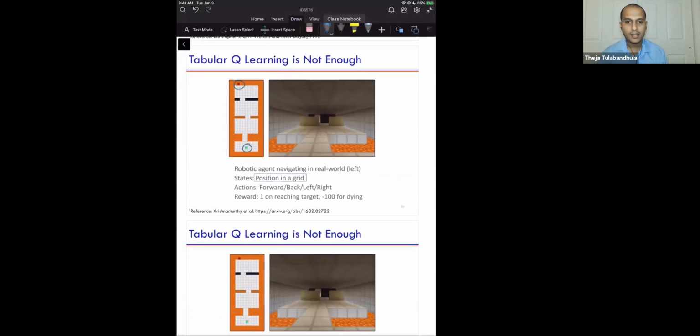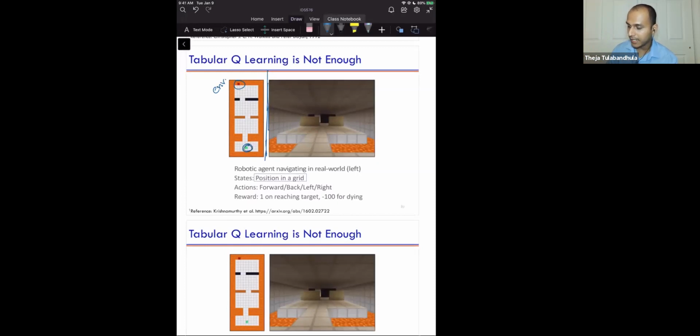Okay, let's say your environment is represented using this left-hand side figure, which means that it's essentially a grid, an XY plane, and you have XY positions, and you can see the position of the robot as this green dot here.